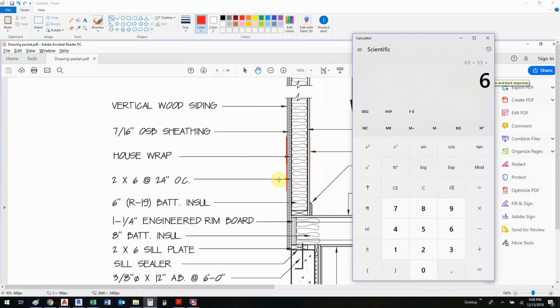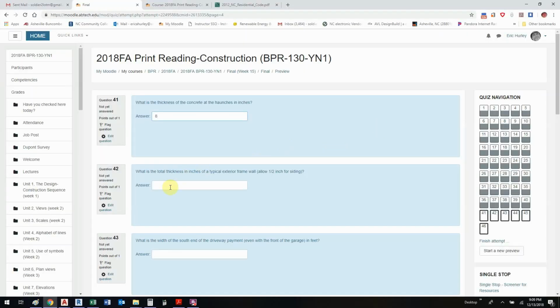So plus parentheses 7 divided by 16, close parentheses, equals. So now we have 6 7/16 for the OSB, and then the vertical siding I said was 1/2, plus 0.5. So we have a total of 6.9375 inches in that wall.